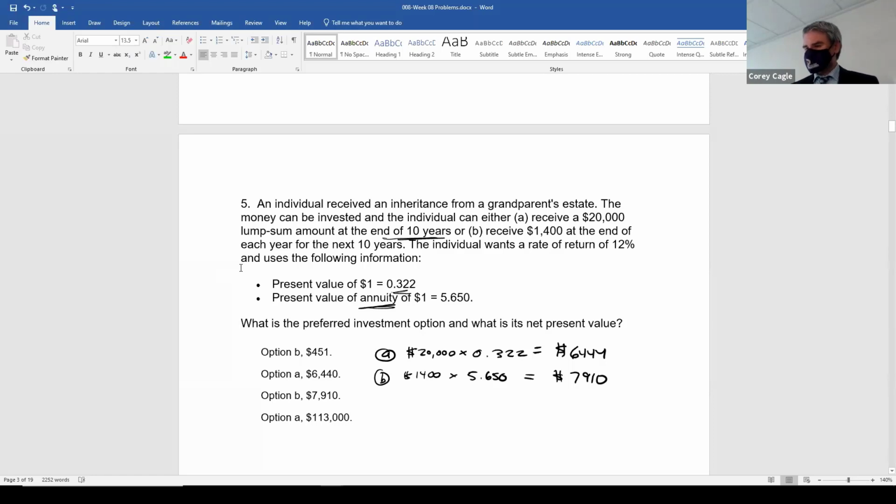They asked for net present value. Net present value, which we'll get to in capital budgeting, is present value of future cash flows minus the original investment.